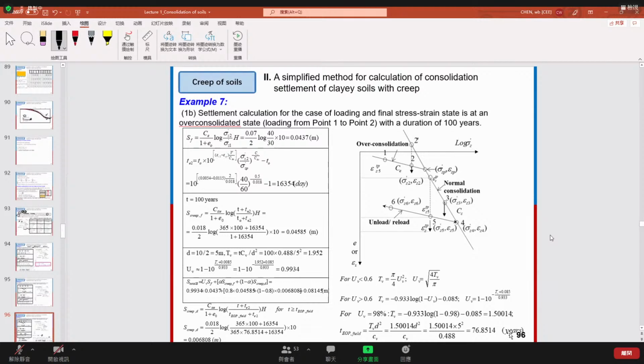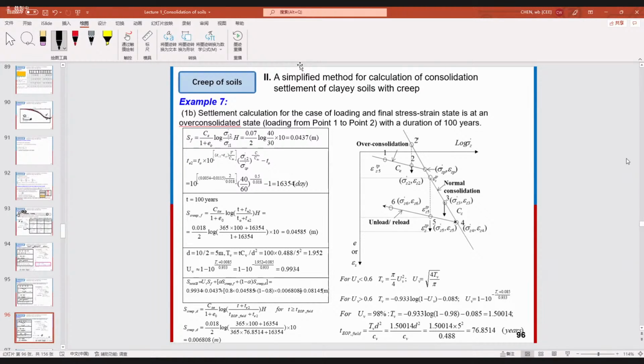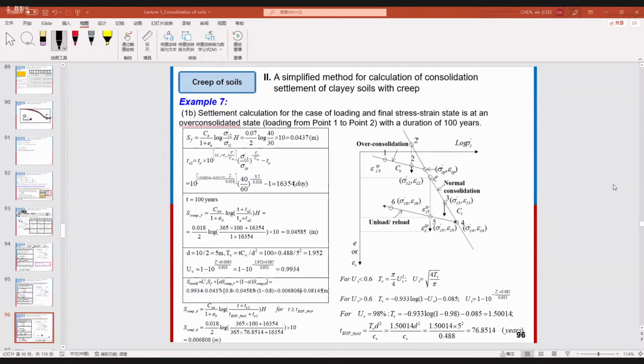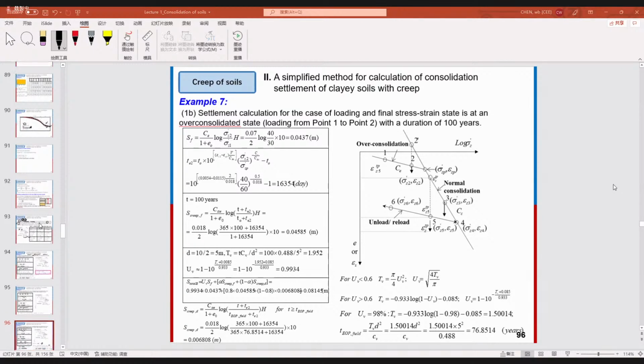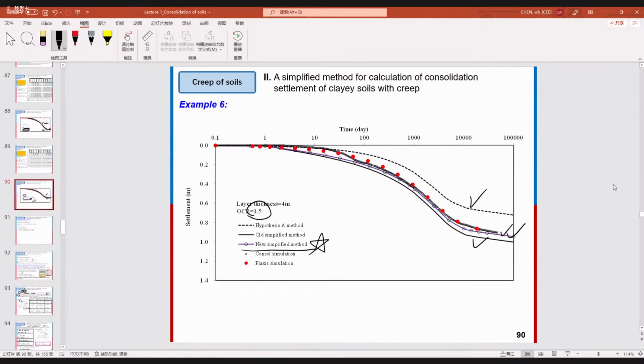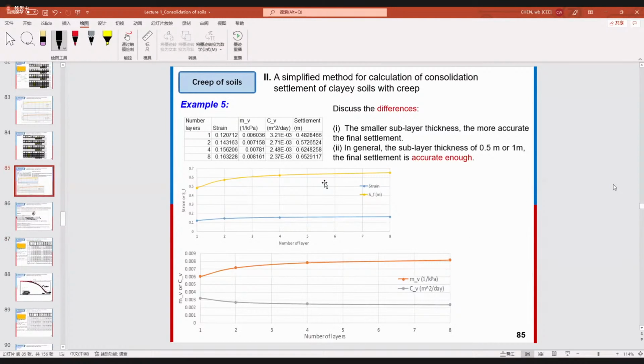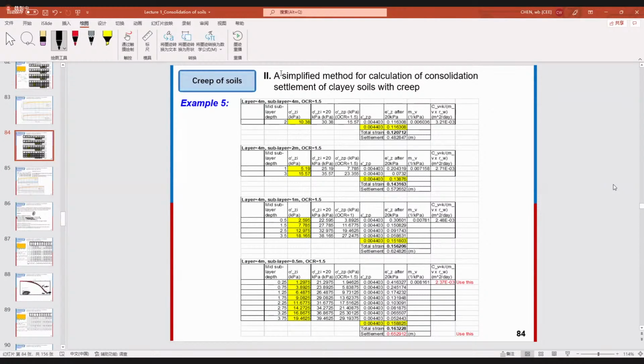Do you have any questions? Do you have any questions about the examples today? Again, I want to mention the so-called simplified method.